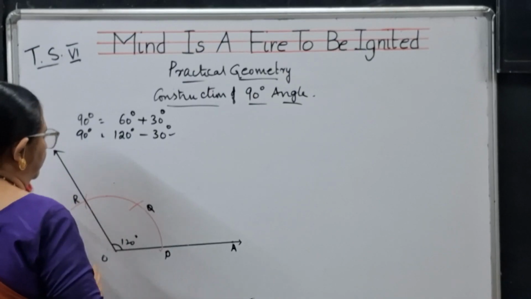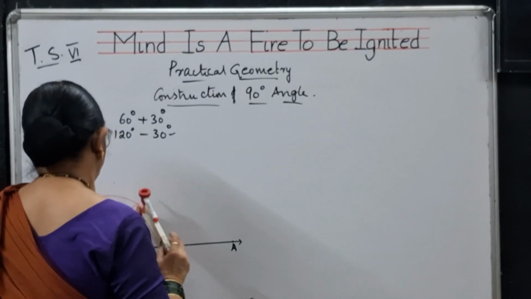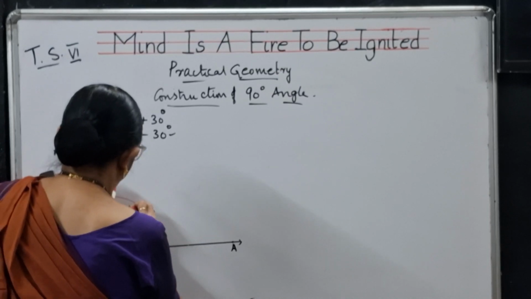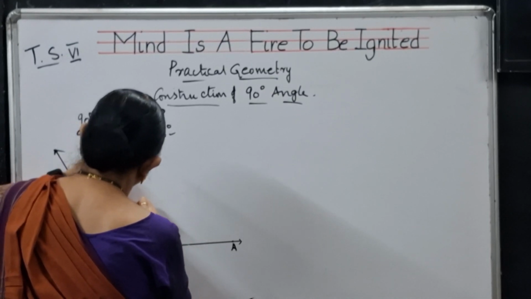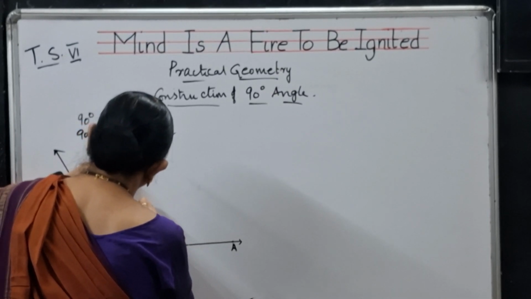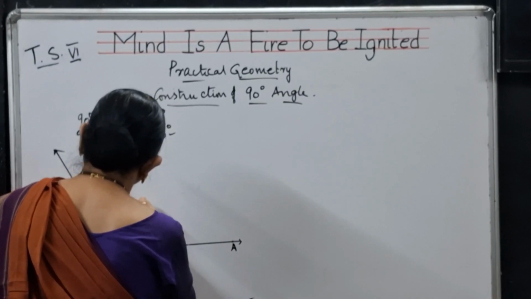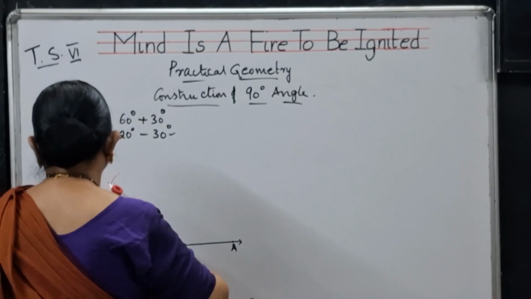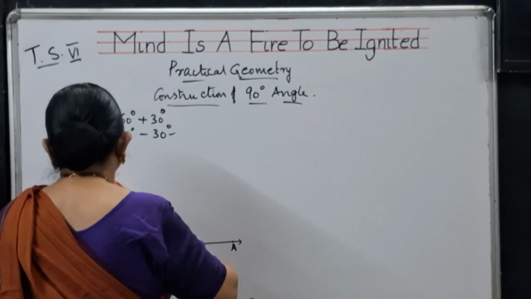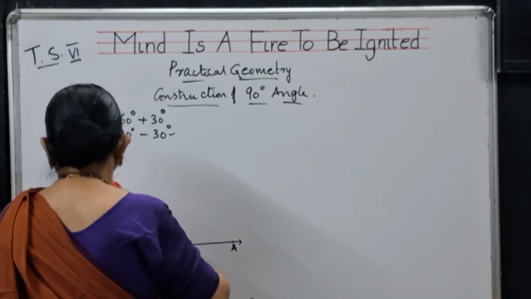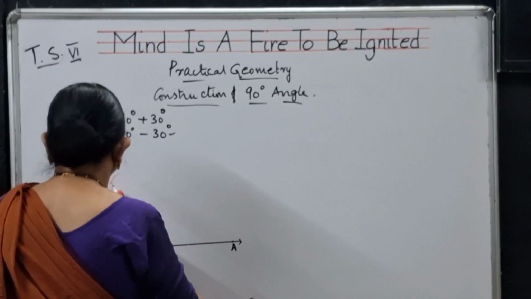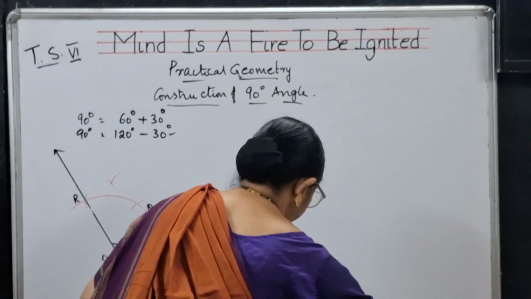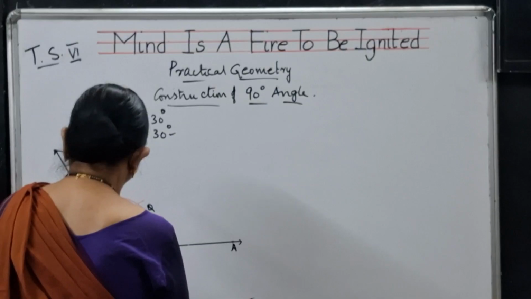Now this you need to bisect, with more than half of QR as radius. If you draw an arc, it comes in this way, Q as a center, again R as a center, another arc. So these two arcs are meeting at a point.